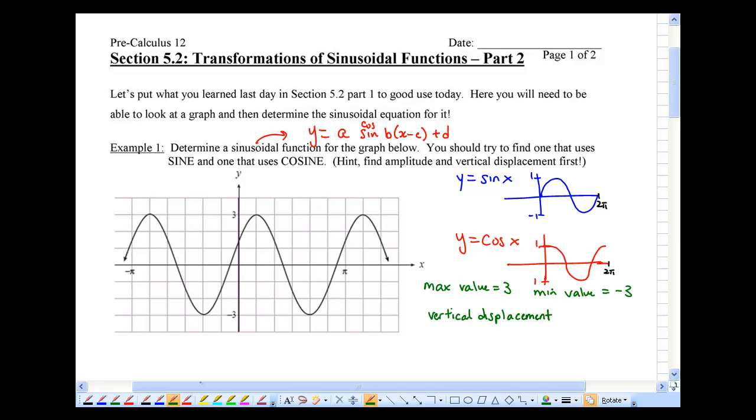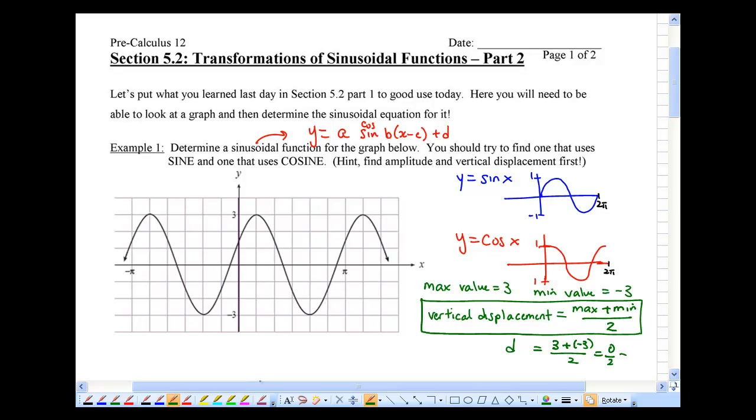If it's in between, that should be just the max value plus the min value and average it, so divided by 2. And that was one of the pieces for food for thought from last time. So d equals 3 plus -3 all over 2. Well, that's just 0 over 2. That's just 0, which makes total sense. It seems like the middle of this graph is 0.